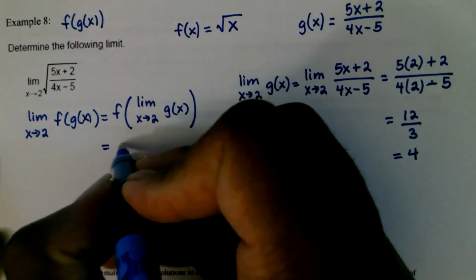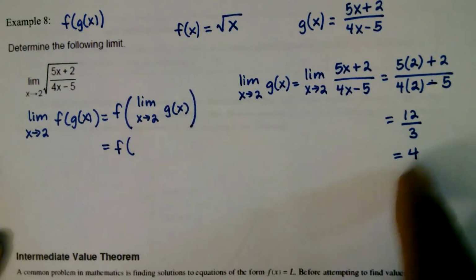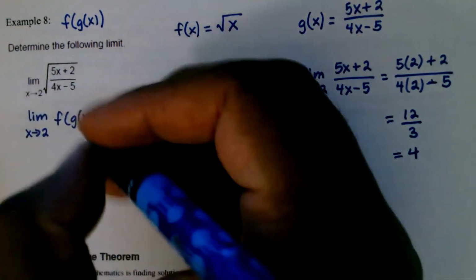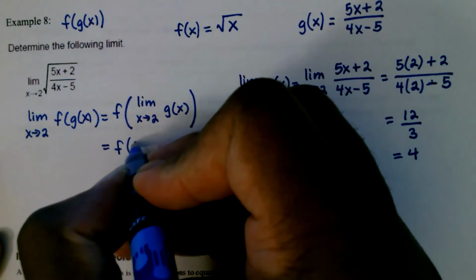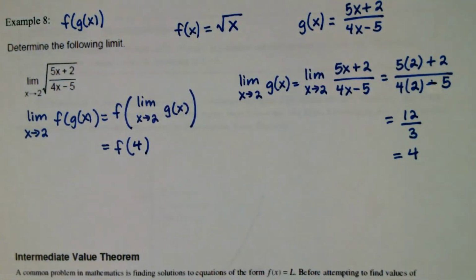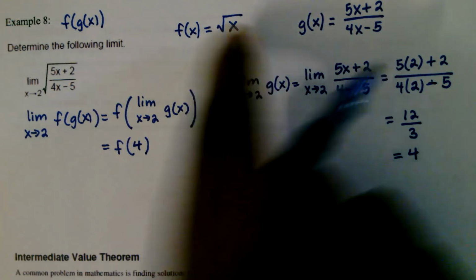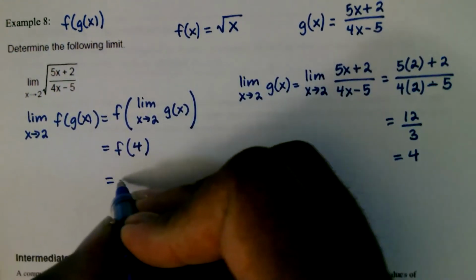So let me come back over here, bring down the f, and substitute this with what it's equal to. It'll be 4. So I'm going to be evaluating f of 4. But here, f of x is the square root of x. So there, I would just replace the x with 4.